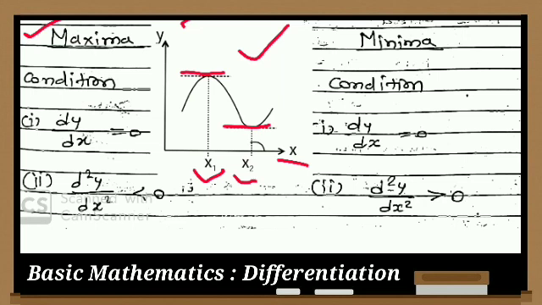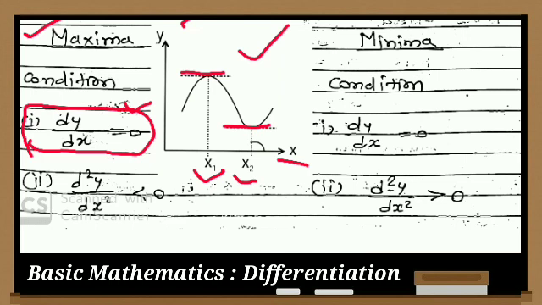In the maxima condition, first we have to find out dy upon dx, the differentiation of y with respect to x. The value of dy upon dx should be 0 in the first condition.